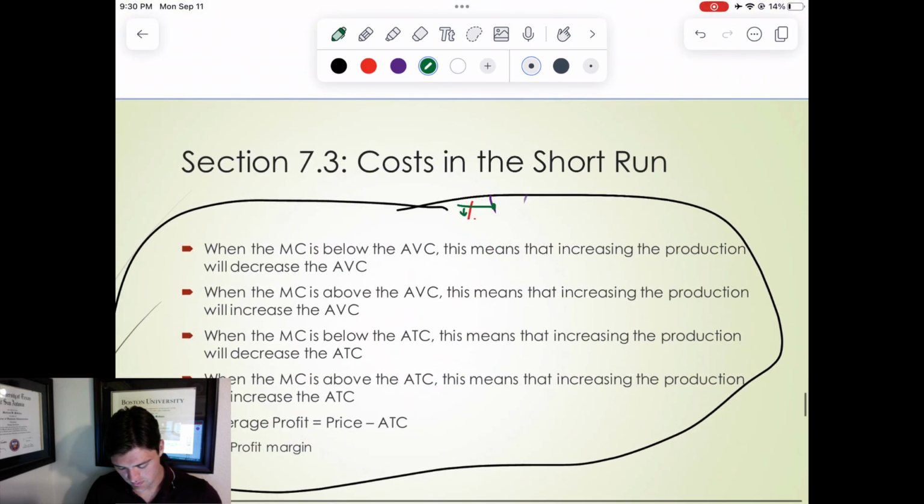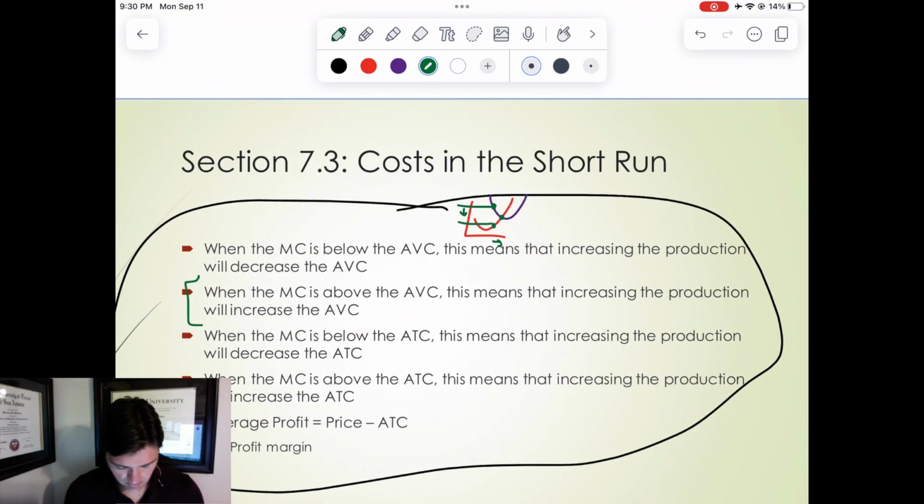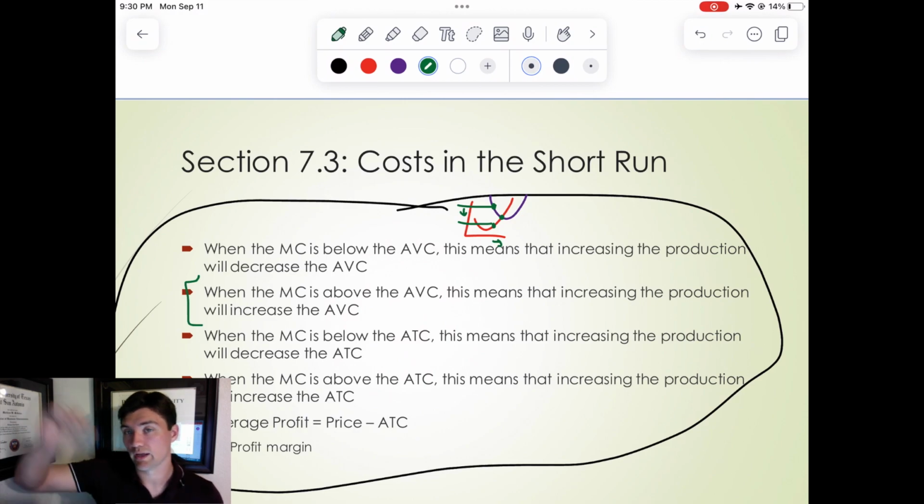When the marginal cost is above the AVC, this means increasing production will increase the AVC. All these rules are the same for the ATC. All it is just about where you are on the graph, and if you were to increase production, what happens to the AVC and ATC. If you're ever confused, just draw the graph, and the graph will have the answer.